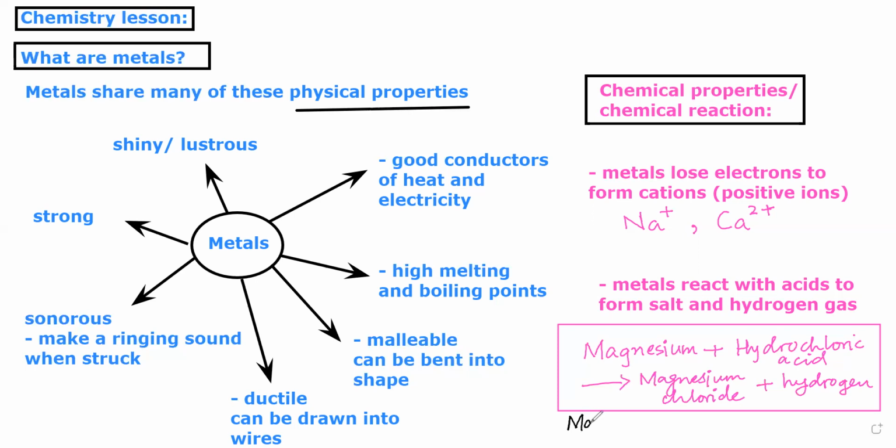Magnesium, Mg, reacting with HCl, hydrochloric acid. And what is it going to form? It is going to form MgCl2 plus H2. And to balance the equation, we write 2 here. So these are some of the general chemical and physical properties of metals.